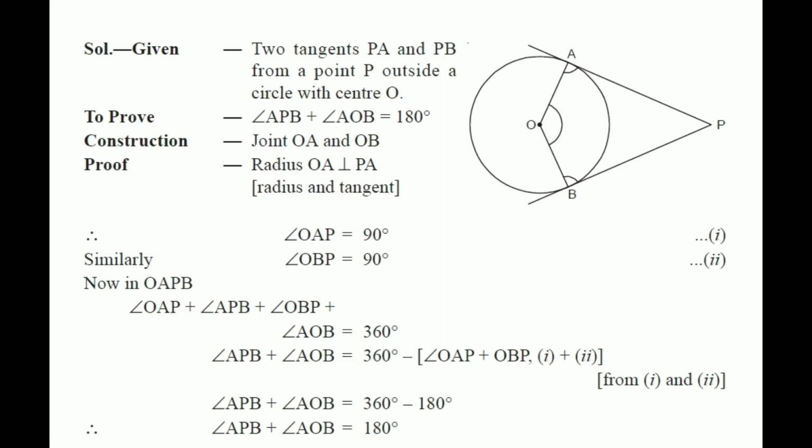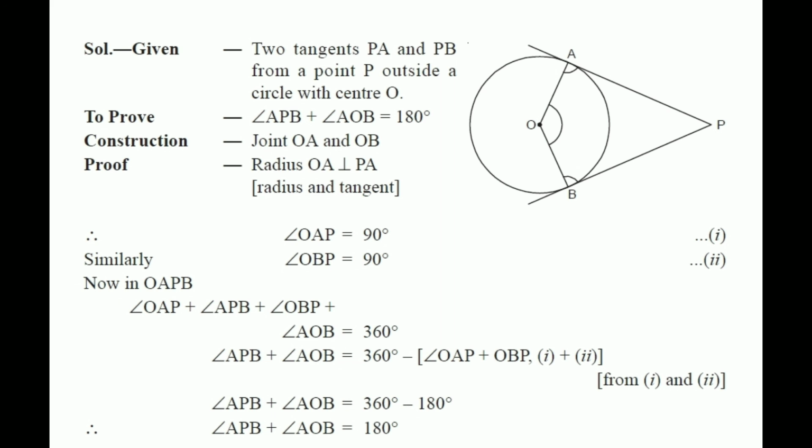Now we have got the values of two angles, angle OAP and angle OBP, each equal to 90 degrees. We shift these two angles towards the side of 360 degrees, means we have the remaining angles, angle APB plus angle AOB equal to 360 minus these two angles.